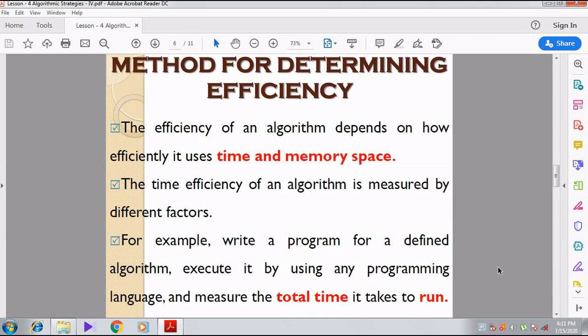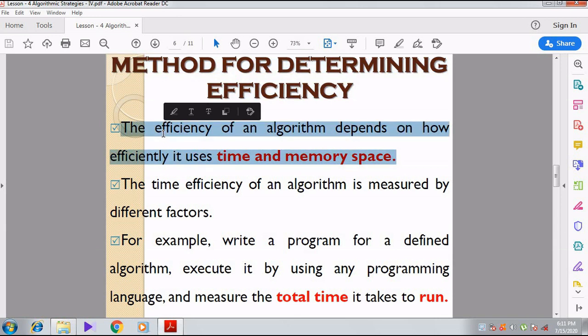Method for determining the efficiency. What methods can we use for finding out the efficiency of an algorithm? The efficiency of an algorithm depends on how efficiently it uses time and memory.